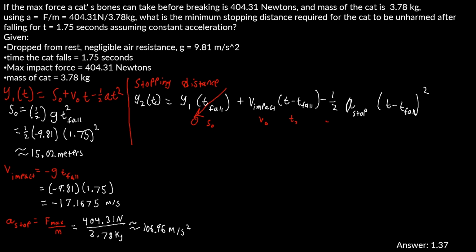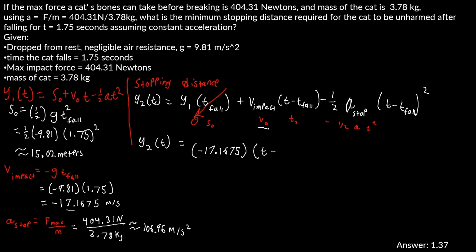Y sub 1 of t fall is going to be 0, since we're evaluating it at 1.75 seconds, and previously we said that that will be when it touches the flag. It follows the simple physics equation that we've been using of position: initial plus initial velocity times time minus 1/2 a t squared. We can reduce the equation and plug in our numbers.